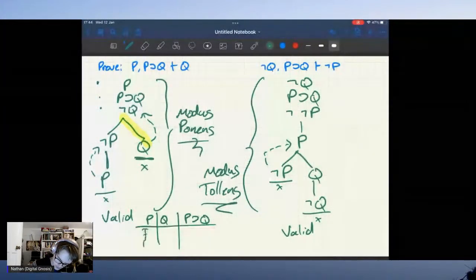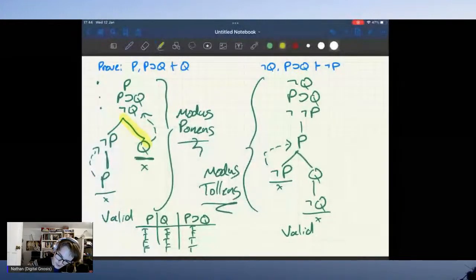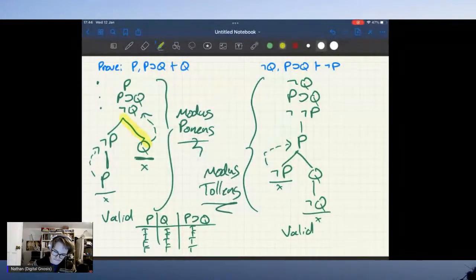True, true, false, false, true, false, true, false, true, false, true, true. Okay, so in the first case, in the modus ponens case, what do we have? We have P then Q is true, so we have all of these, they're what we're concerned with. That's going to be the same in both, actually.